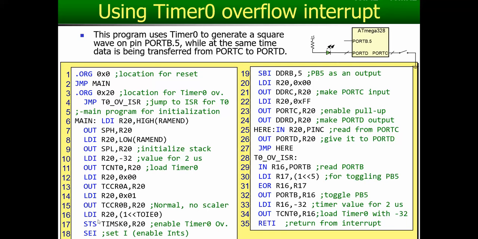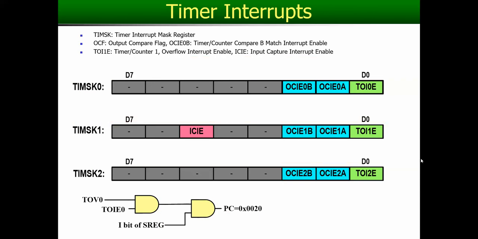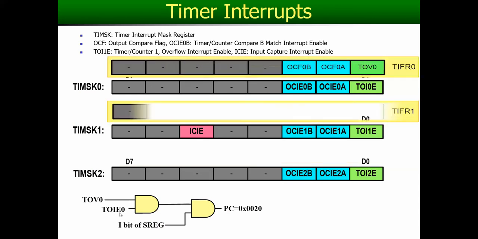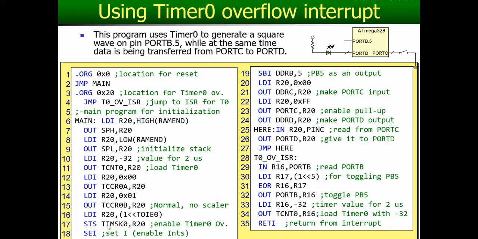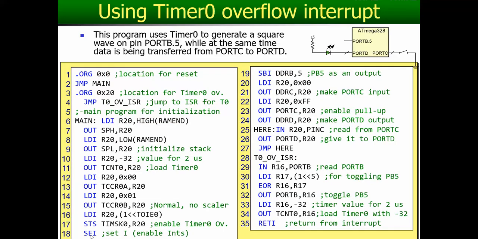All right, and then in this we enable the TIMSK0, and that's how you enable this. If this is not enabled, the timer interrupt is not enabled, and you do that here. And then you enable the other flag, the global interrupt flag, and that's how you do SEI, set the I flag. And then you just keep on doing.